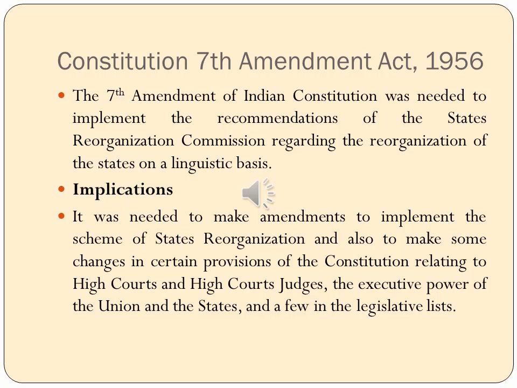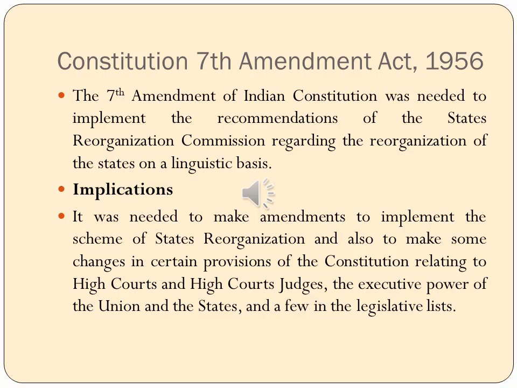It also inserted new articles and amended Part 8 and Schedules 1, 2, 4 and 7. The fourth schedule, which lays down the allocation of seats of the state council, was also completely revised.